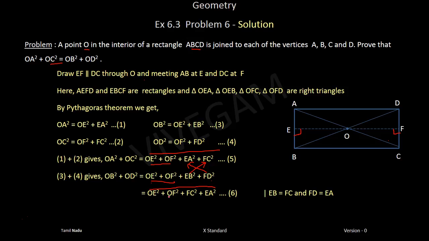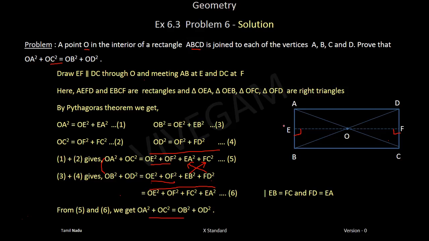Here also we have OE square plus OF square plus FC square plus EA square. It's just changed order, but it is the same, right? So the right hand side of these two equations are equal, which means the left hand side of these two equations must be equal. So OA square plus OC square will be equal to OB square plus OD square, and that is what you are asked to prove. You got it?